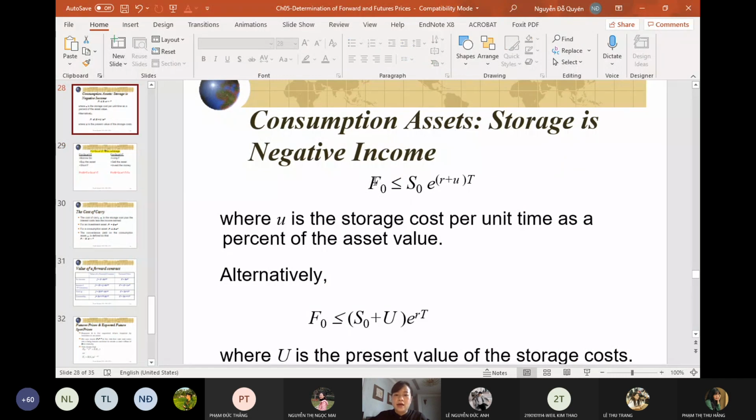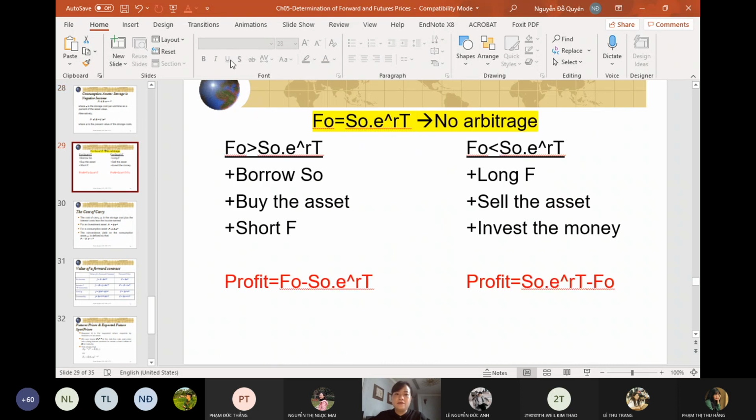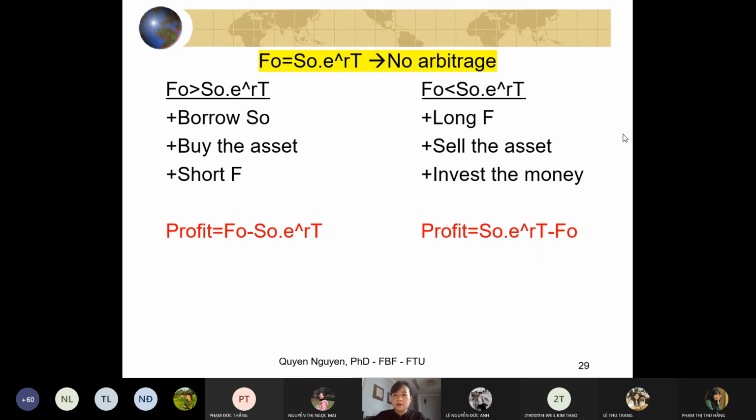Basically, if F0 is less than or equal to S0 multiplied by e to the power of R plus U, all of them multiplied by T, then we do not have an arbitrage opportunity, which means that for this situation we would have this one.